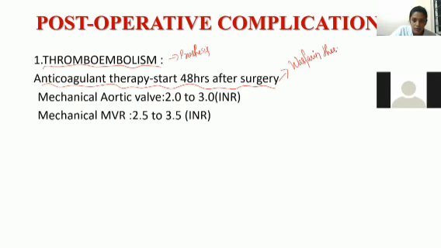If the patient is on warfarin therapy, or has a mechanical aortic valve, the INR, or international normalized ratio, can be 2 to 3, which is the normal value for a mechanical aortic valve.